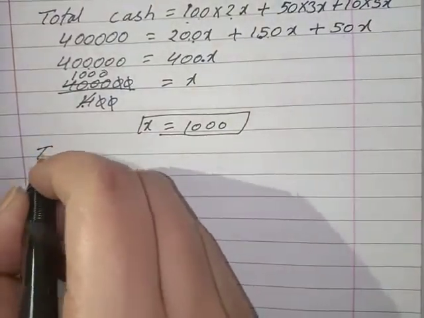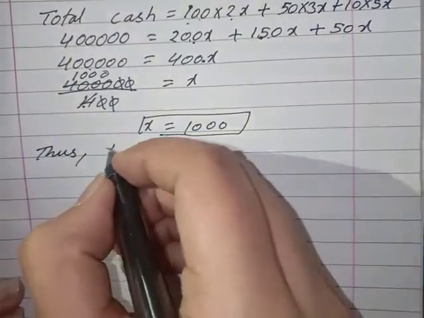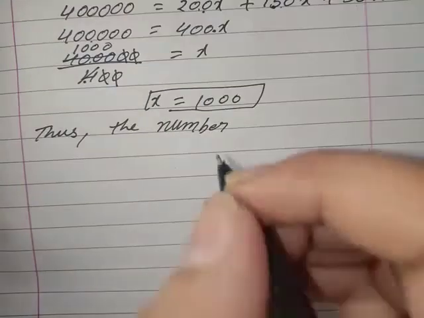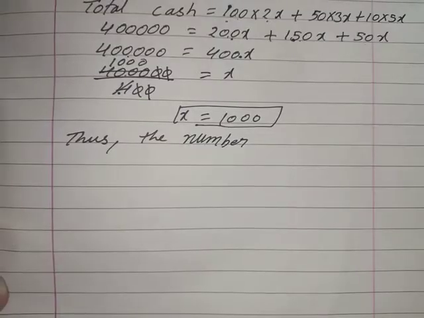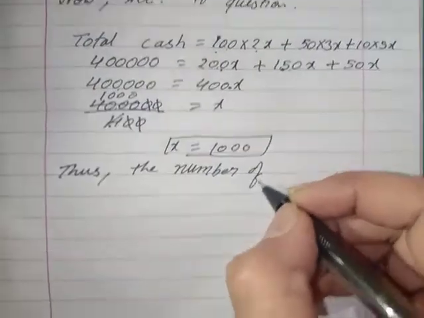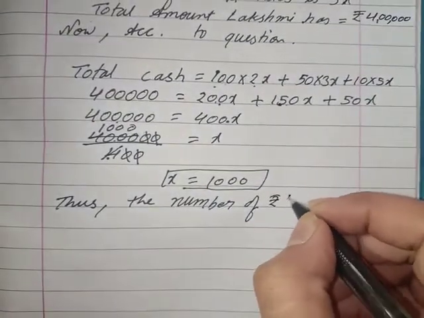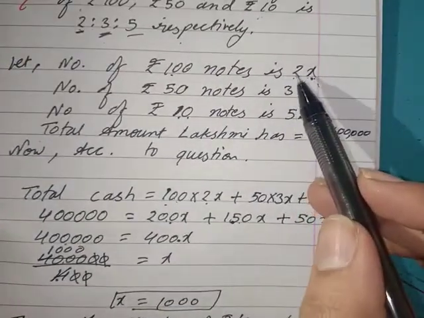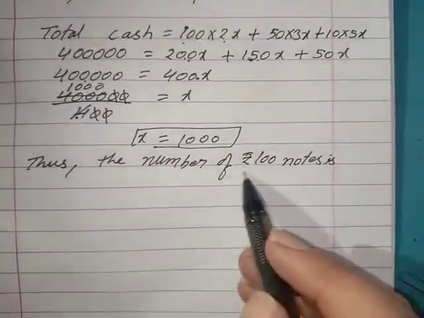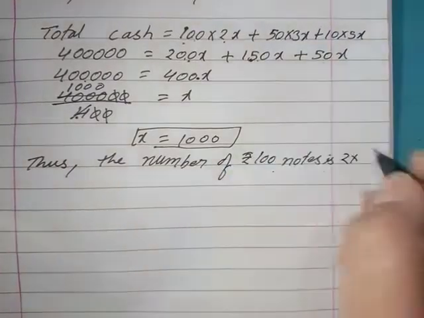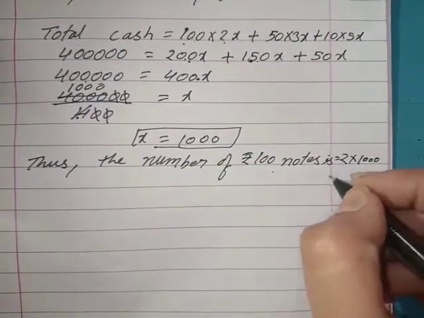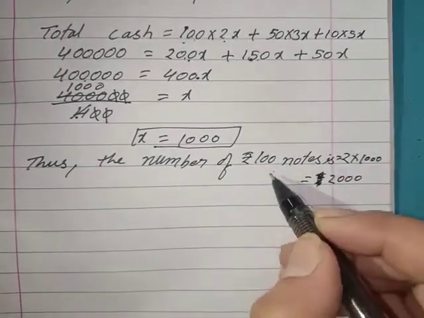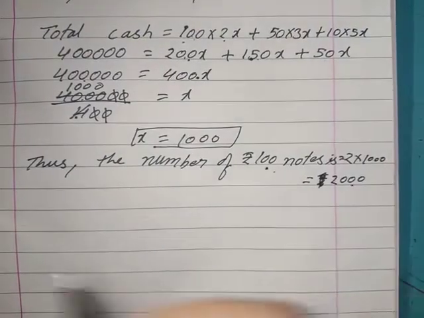Thus the number of rupees 100 notes is 2x. So the number of rupees 100 notes is 2 into 1000, which is 2000.